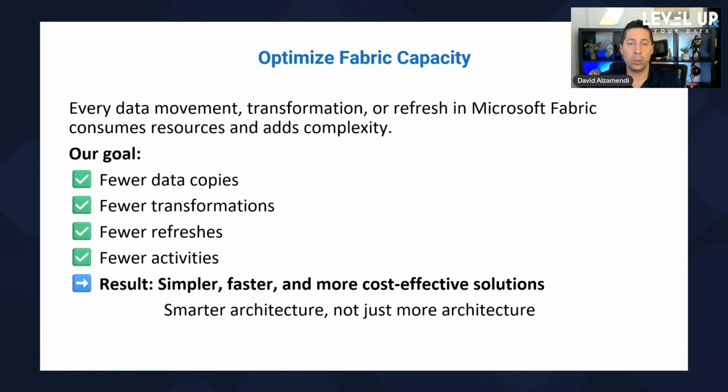So make sure that you take this into account, because this is similar to using cloud services. The more you use the services, the products, the activities, the more you're going to pay for it. But in our case, the more capacity units we're going to be using, and we might run out of capacity units.